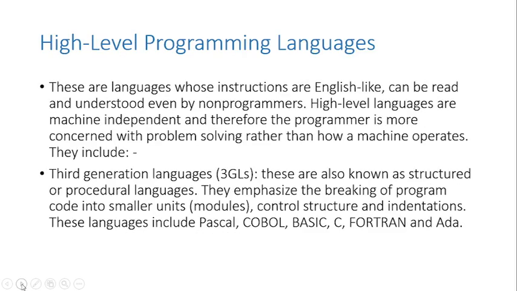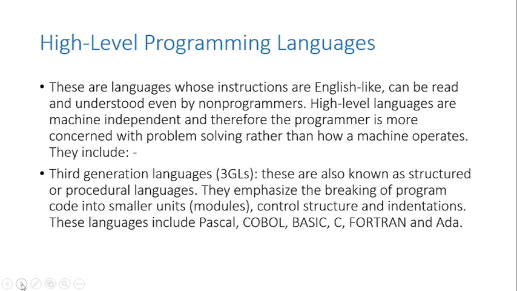The other level of languages includes the high-level languages. These languages have instructions that are English-like, and can be read and understood by non-programmers. They are machine independent, and therefore the programmer is more concerned with the problem rather than how the machine operates.